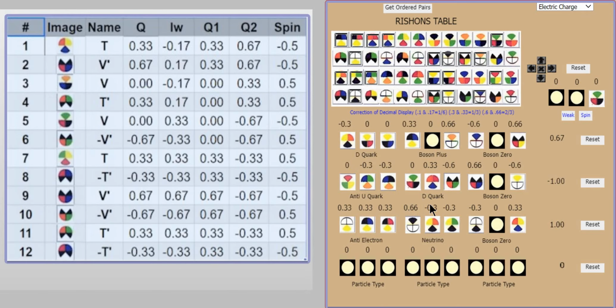And then we have the electric charge of these two weakly interacting massive particles, which both also sum to 0, leaving us only the anti-electron and the neutrino. The neutrino, we can see, has an electric charge of 0, and the anti-electron has an electric charge of 1.